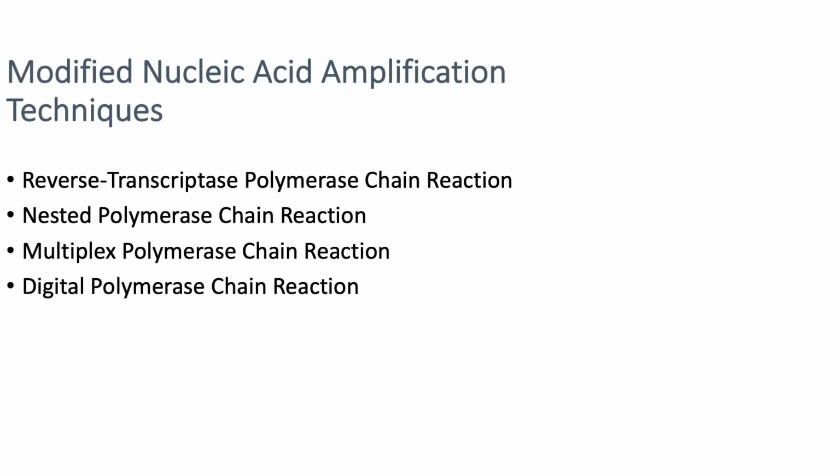Now we have the different variations of the polymerase chain reaction. There are many modifications of PCR: reverse transcriptase PCR, nested PCR, multiplex PCR, and digital polymerase chain reaction. All of these can be done with your conventional PCR, and can also be done with your real-time PCR machine.